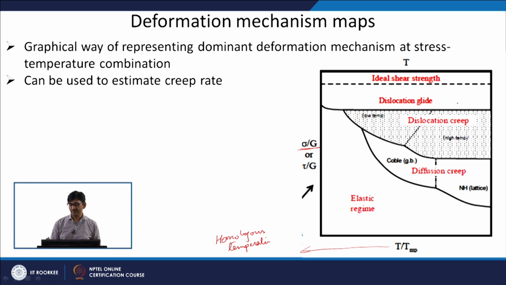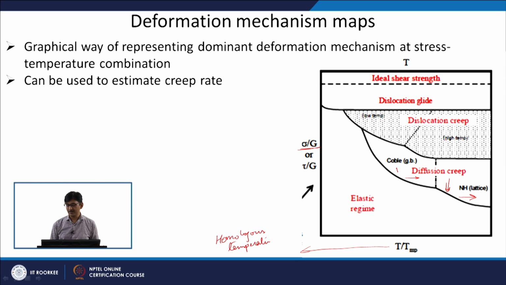Below that you will have a dislocation glide mechanism. Now, we can start seeing that at high temperature, as we just said, NH creep will be dominating. So, it is diffusion through the lattice, NH creep, that will dominate at high temperature and lower stresses. Coble creep will dominate again at higher temperatures, with a little bit more stress than NH creep.